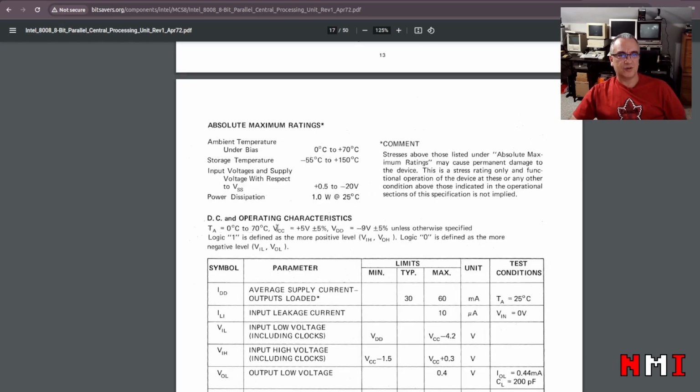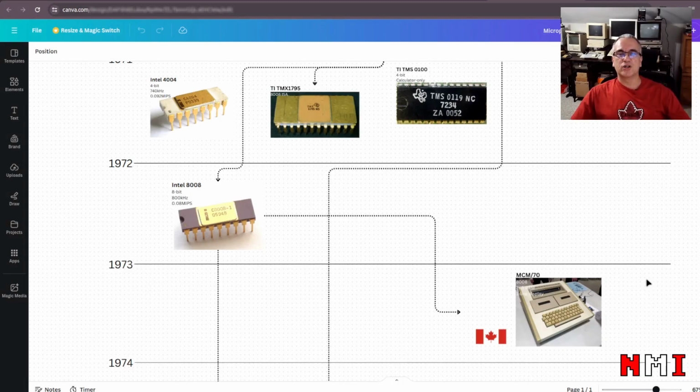VCC plus 5 and VDD minus 9. Now we're going to have a look at the inner workings of the MCM 70 and some details of its architecture that are really interesting, and for sure you're going to be amazed.